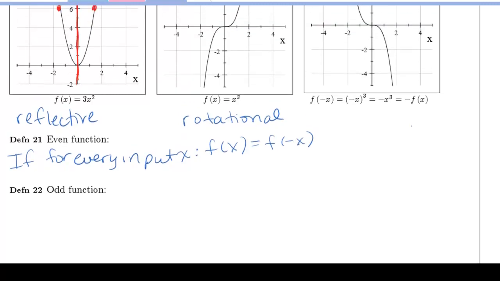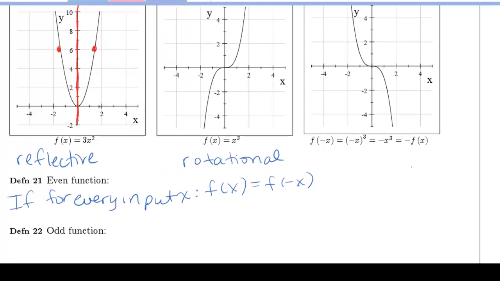So if we come back up here to this graph, we can see that if, for instance, we plug in x equals 1 and follow that up on the graph, and if we plug in x equals negative 1, those 2 points end up being at the same height, the same y output value. And so in this case, they're even.